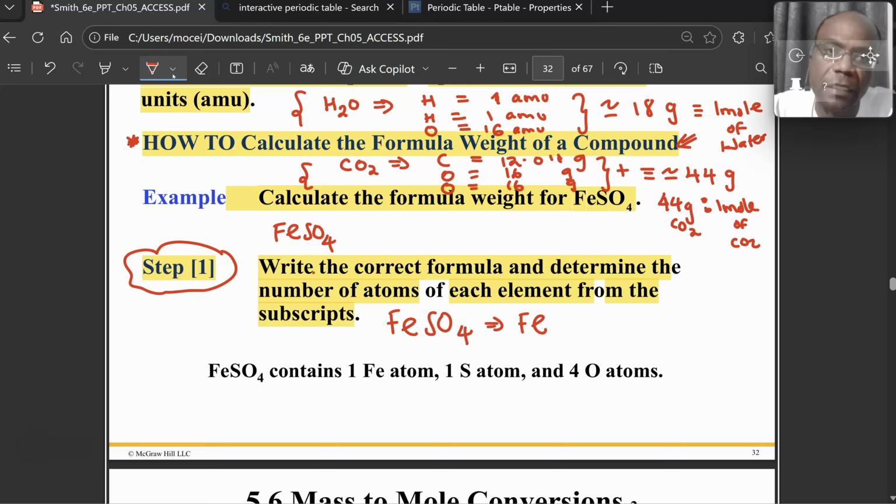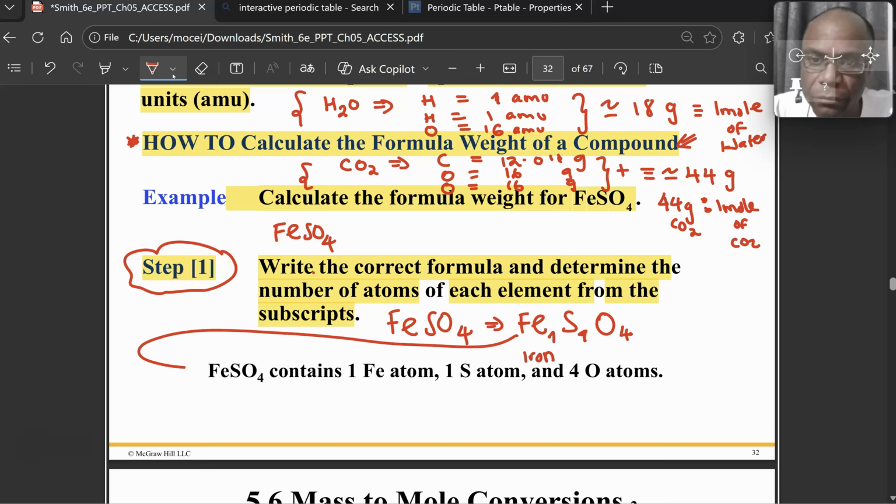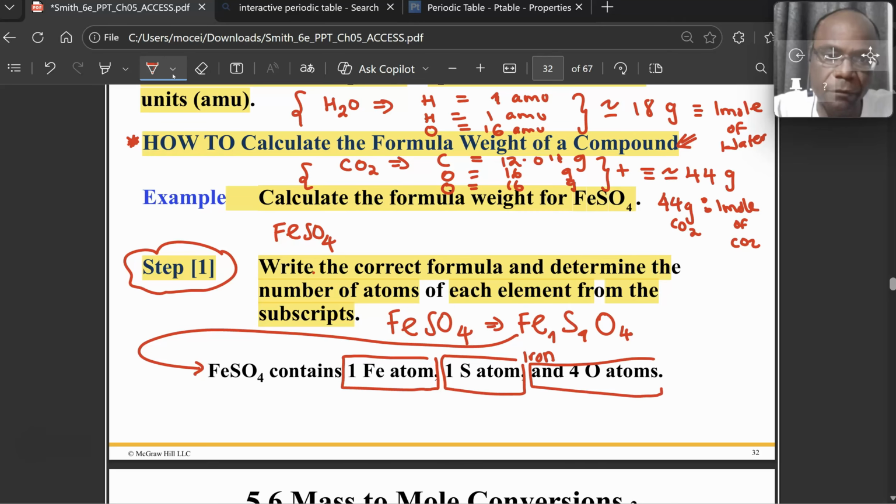This can be written as Fe subscript 1, 1 atom of Fe, the iron, S subscript 1, 1 atom of sulfur, and then O subscript 4. All these translate to 1 iron atom, 1 sulfur atom, and 4 oxygen atoms.